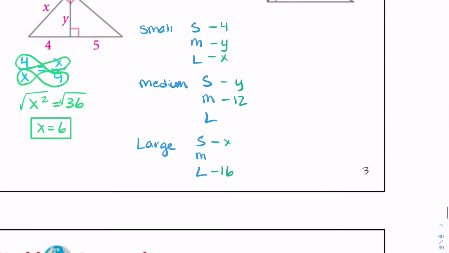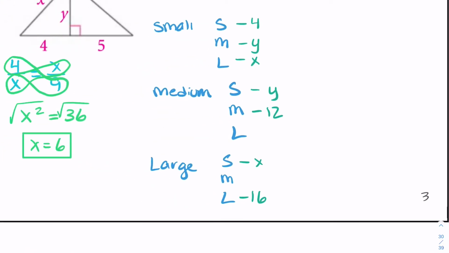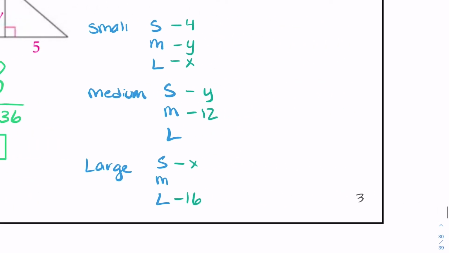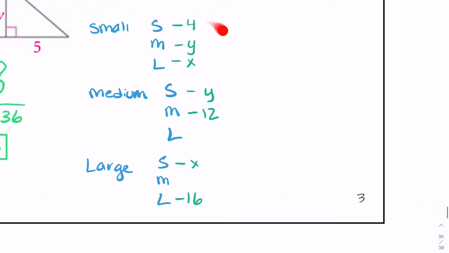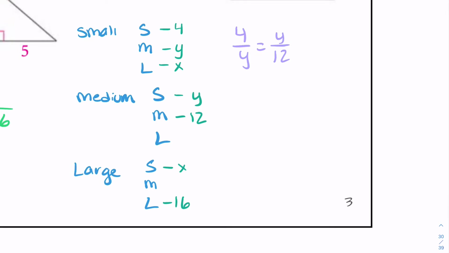Okay, so I'm going to take a look. Ooh, they give me everything for the small. I'm going to compare the short sides with the medium sides. So 4 is to y as y is to 12. And then 4 is to x as x is to 16.